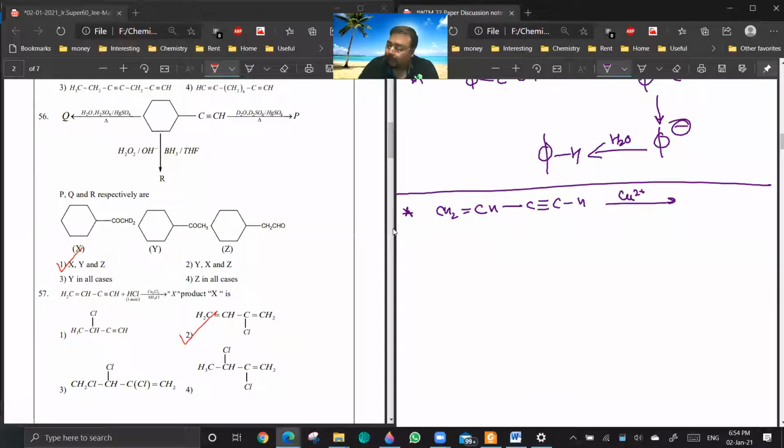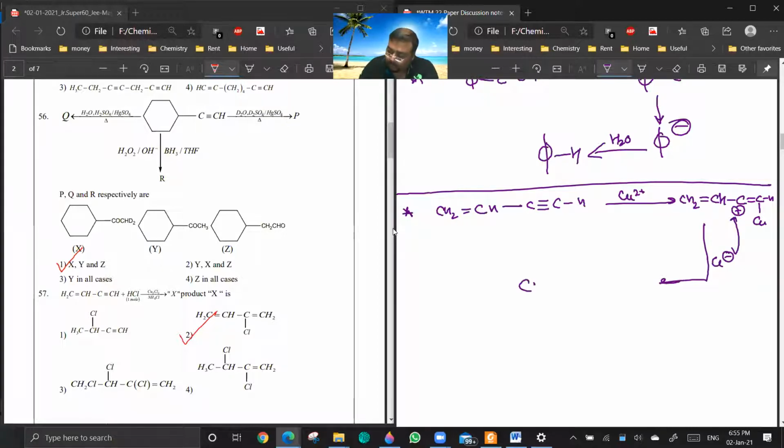Cu2+ will be reacting with the triple bond, and you'll be getting CH2 double bond CH, single bond C, double bond CH, Cu+. Okay, this will react with Cl minus, and you'll be getting.